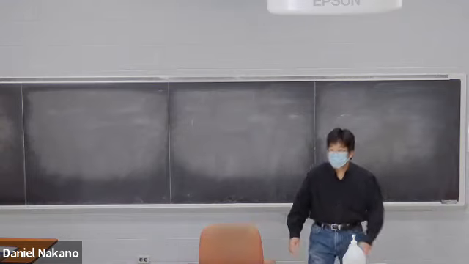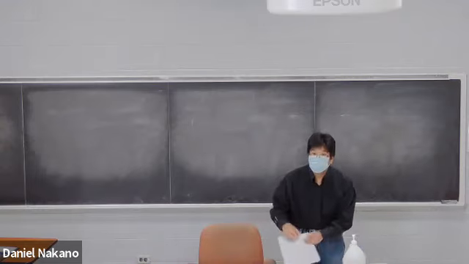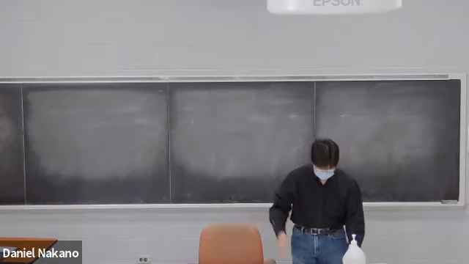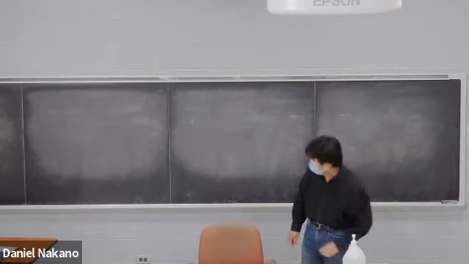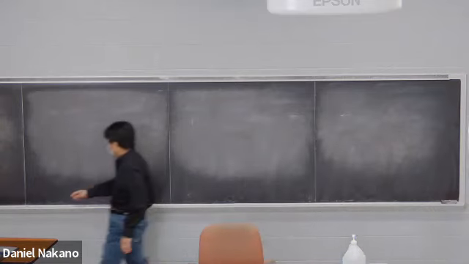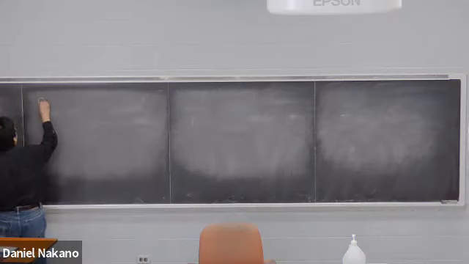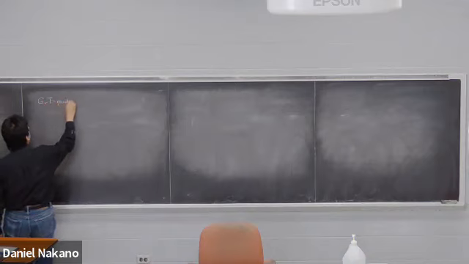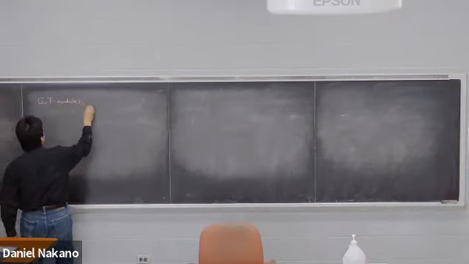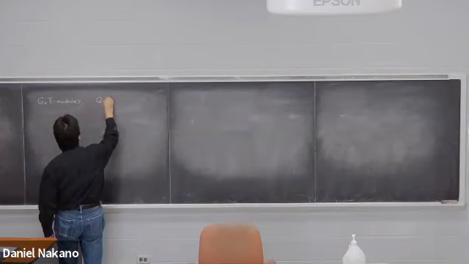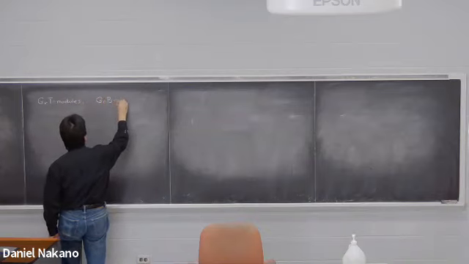Okay, so let me back up and just review a little bit so that we get back into the swing of things. All right, so last time I was talking about GRT modules and GRB modules.